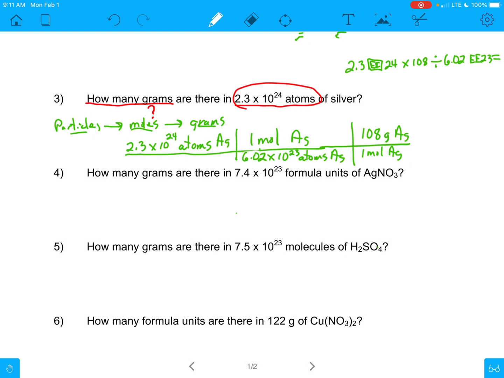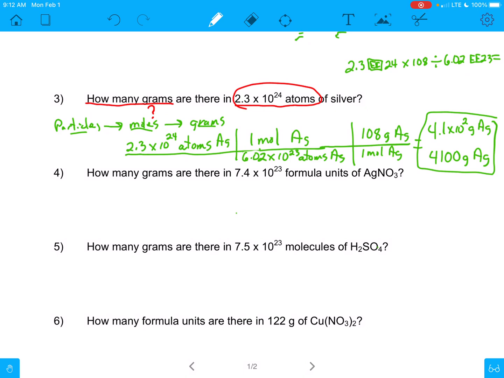And it looks as if I'm going to be at 4.1 times 10 to the second grams of Ag. Or I could say 4100 grams of Ag. So you could say either way, okay? And that would be my answer to number 3.